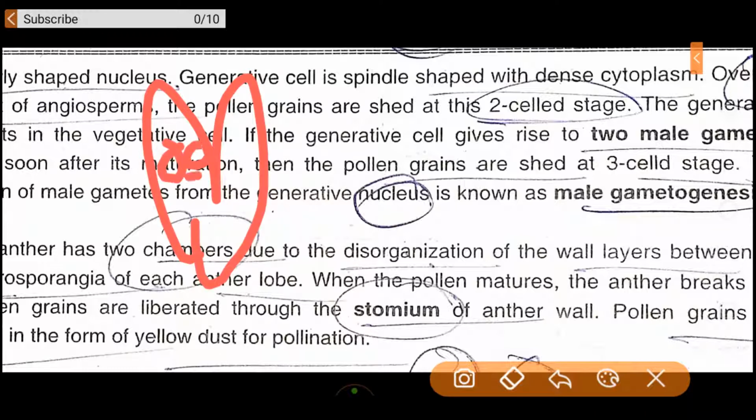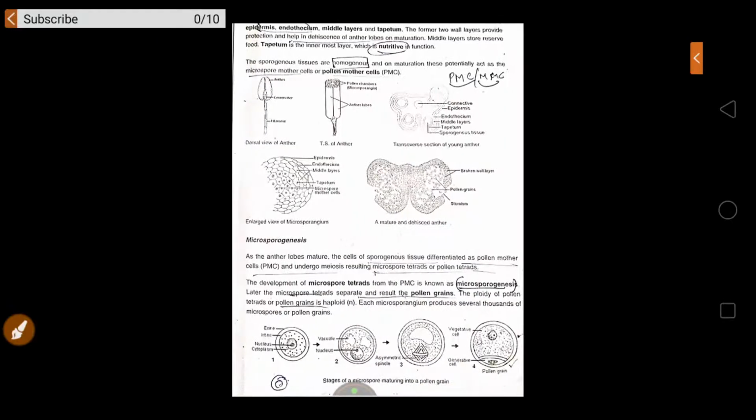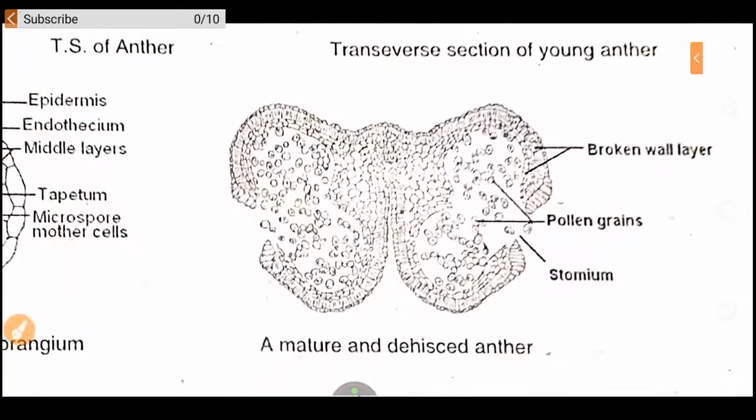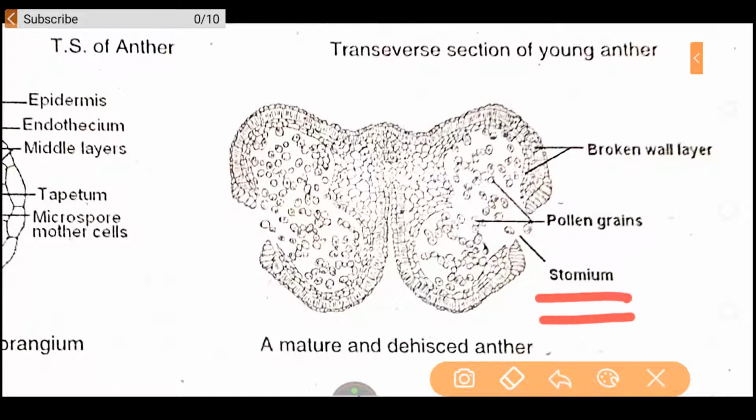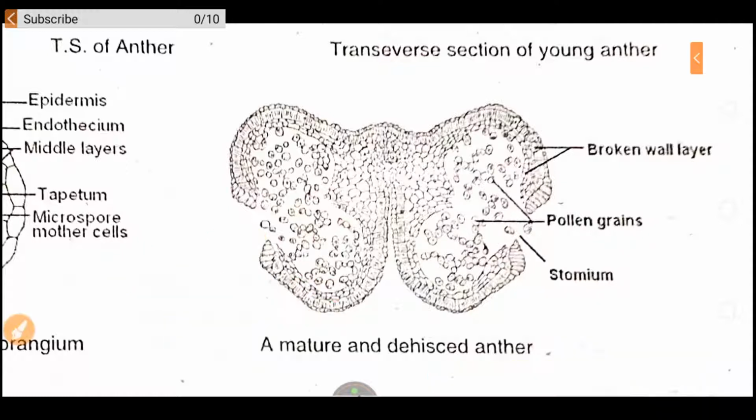The pollen grains formed inside the anther from microsporangia are going to be released. I will show the figure. Now this is called the stomium. Here also this is called the stomium. The point where the pollen grains are released is called the stomium.